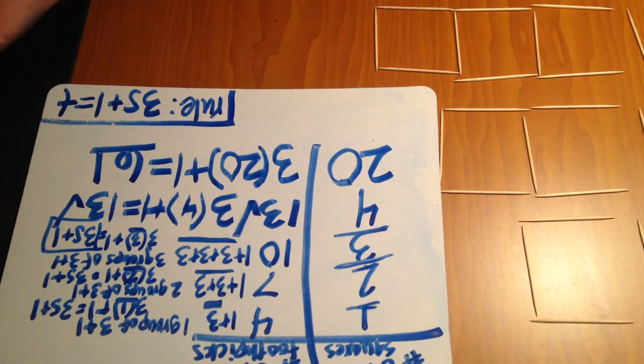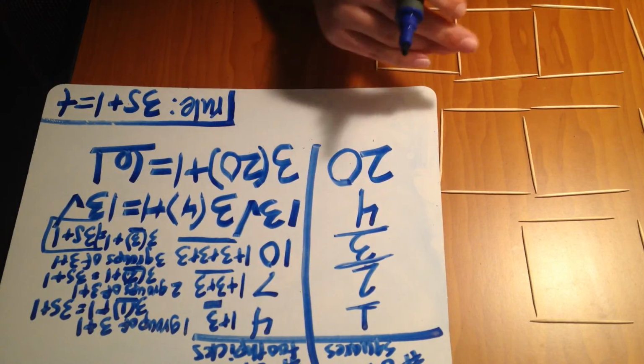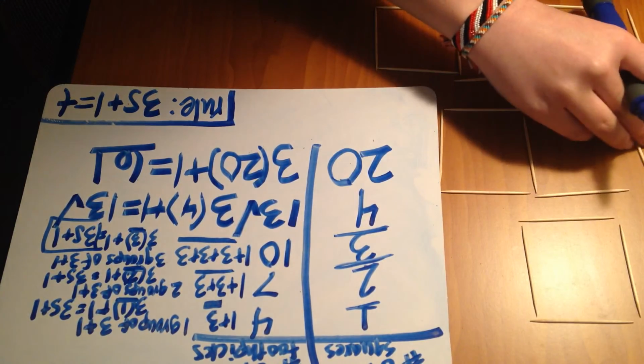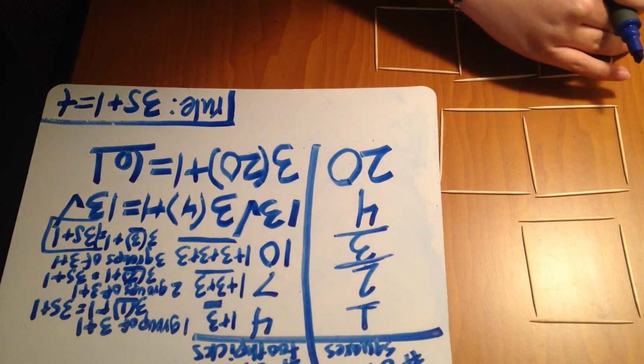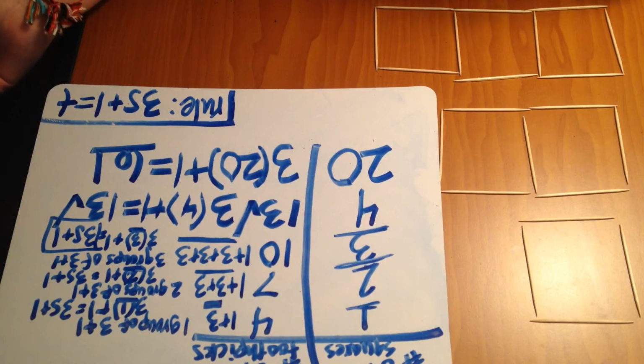So that is how you figure out the rule for a match stick pattern. In this case, 3S plus 1 will give us the number of toothpicks.